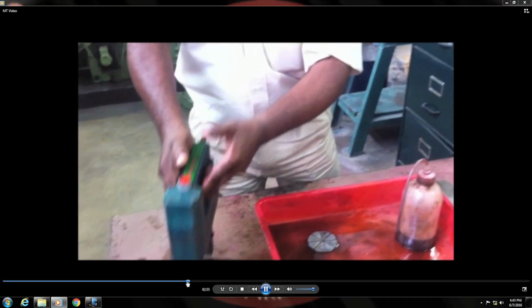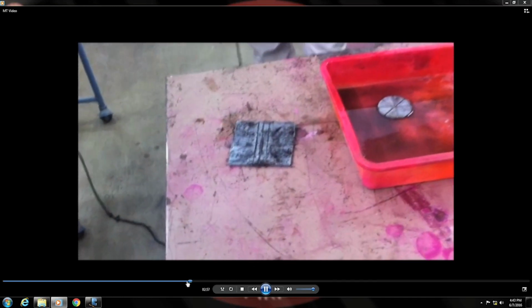Okay, and you can see the part is sticking, it is being attracted to the electromagnet because it is being magnetized. Okay.